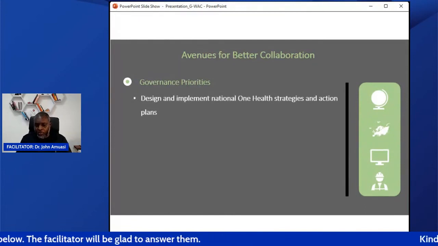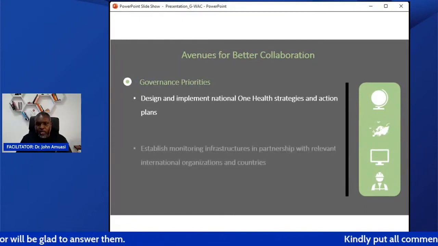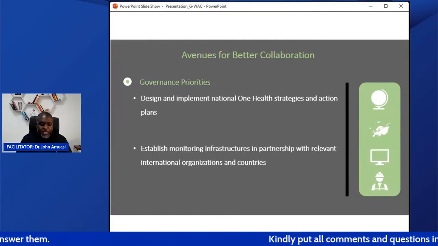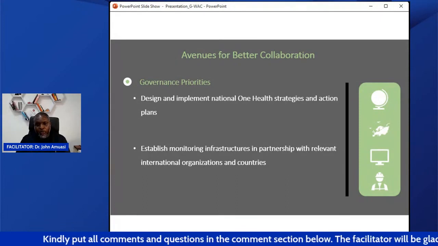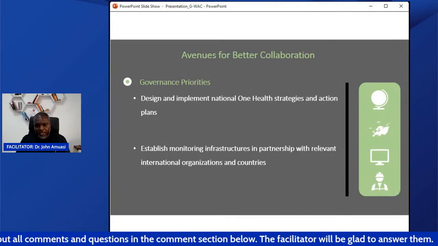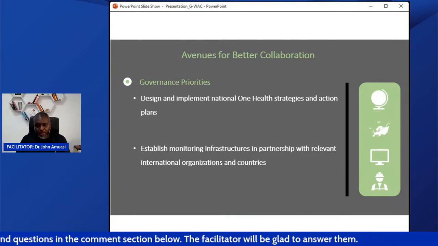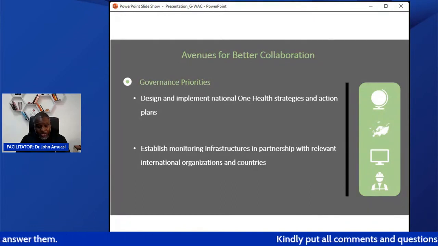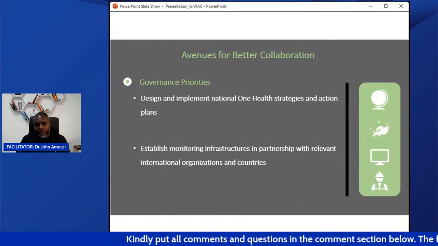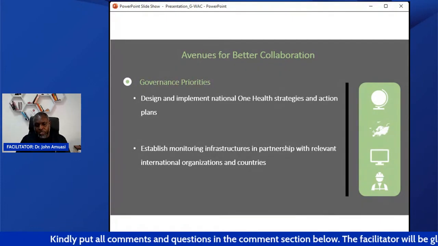So again, with more governance priorities, to develop these action plans, I spoke on Monday about Ghana not yet having an action plan, and also I mentioned how there are draft action plans that have been put together, and I did caution that the way they are put forward, not even the content, but the way they are put forward and who puts them forward are very critical to the degree to which they will be accepted.